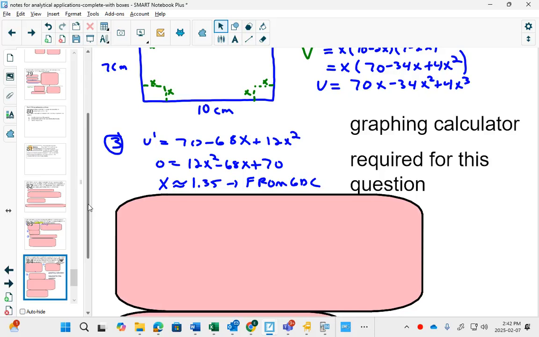You could also type this parabola into your calculator and find the x-intercepts. One of the x-intercepts is probably positive, the other x-intercept is negative, and you would have to be like, wait a minute, if I cut out a negative square out of the corner, is that possible? Something should tell you, right?